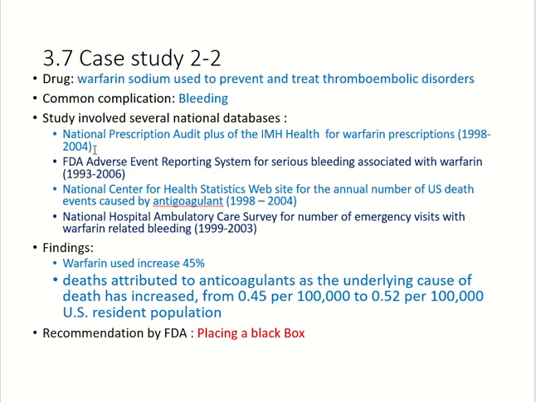A second secondary database was the FDA Adverse Event Reporting System for serious bleeding associated with warfarin between 1993 and 2006. Also, they looked at the National Center for Health Statistics website for the annual number of U.S. death events caused by anticoagulants between 1998 and 2004. And the National Hospital Ambulatory Care Survey for the number of emergency visits with warfarin-related bleeding between 1999 and 2003.